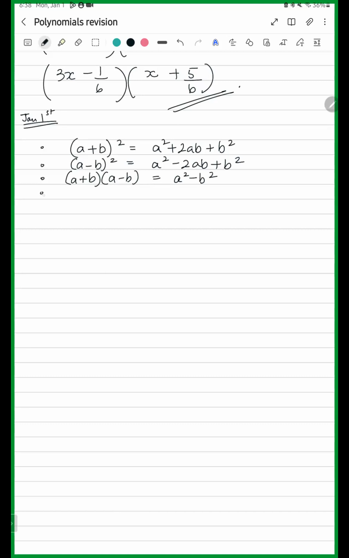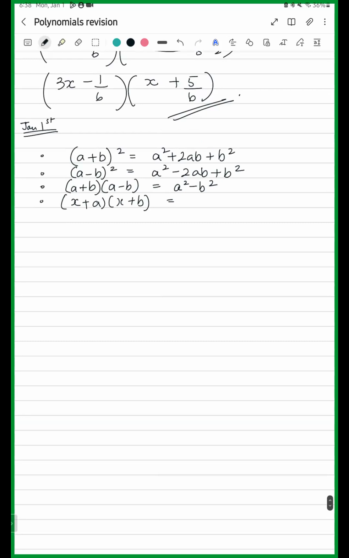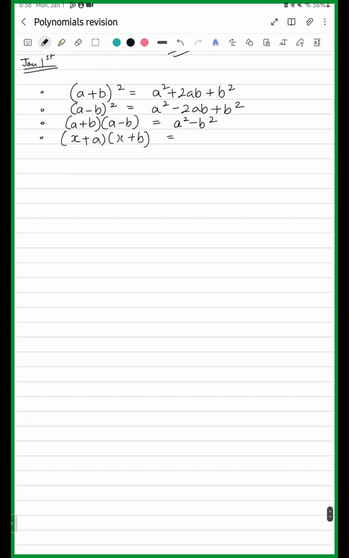Then we have (x + a) into (x + b). What is this?